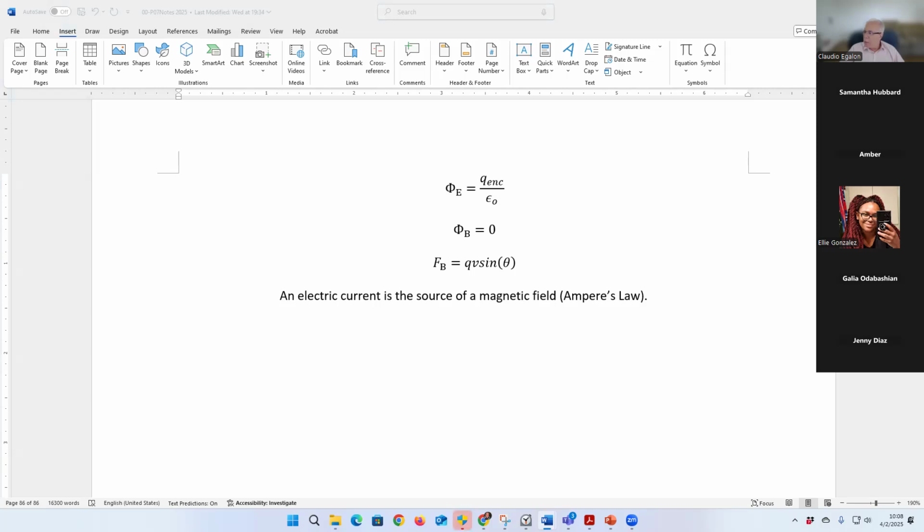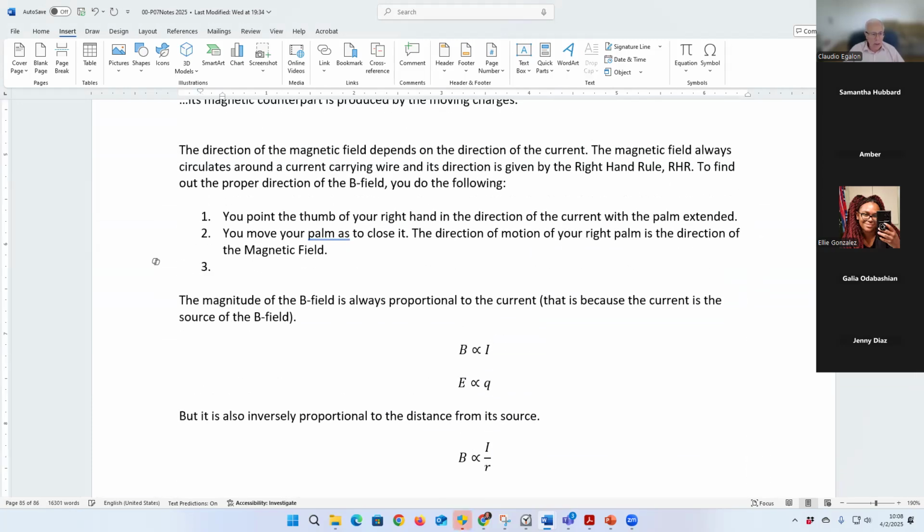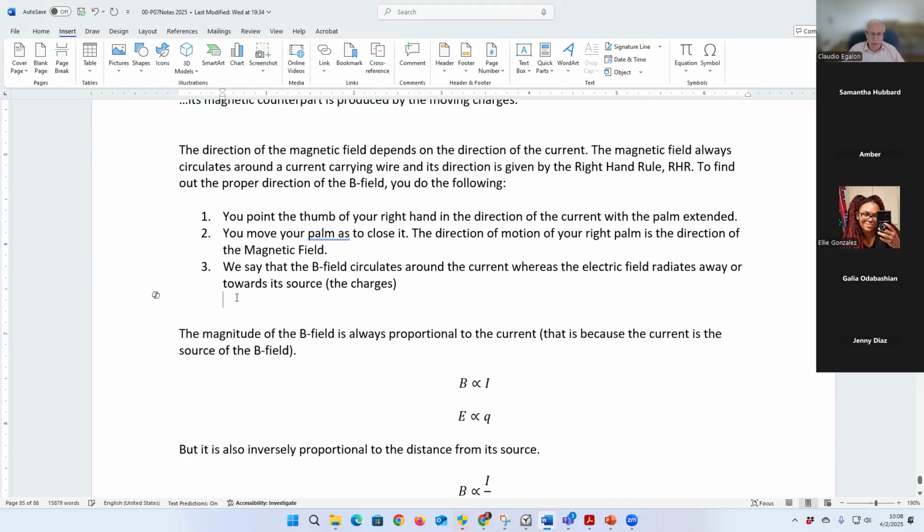And I want to add something else here to the magnetic field, right? Remember that we say that the B field circulates around the current, whereas the electric field radiates away or towards its source.